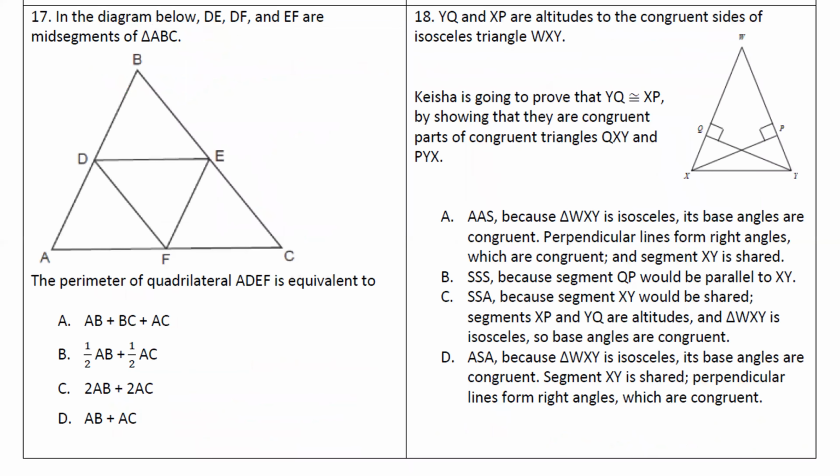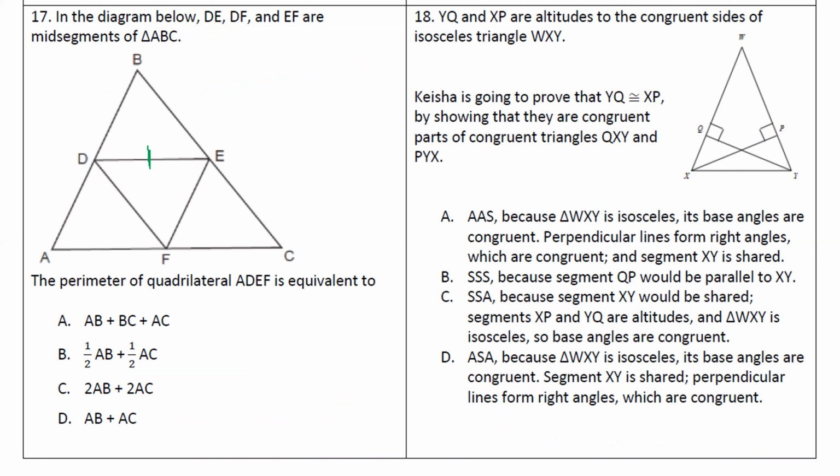All right, next. 17, still using the idea of mid-segments. 17, I thought was a little bit confusing. First, on that diagram, they tell us that all those segments in the middle are mid-segments. So what does that mean? Well, that means that DE is half of AC.